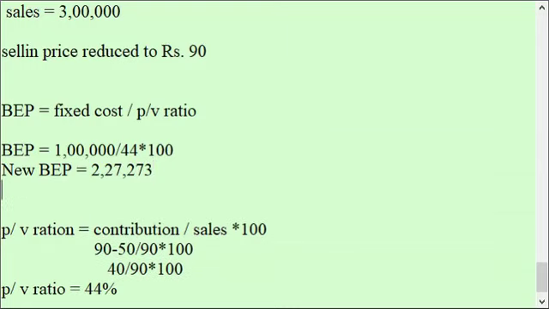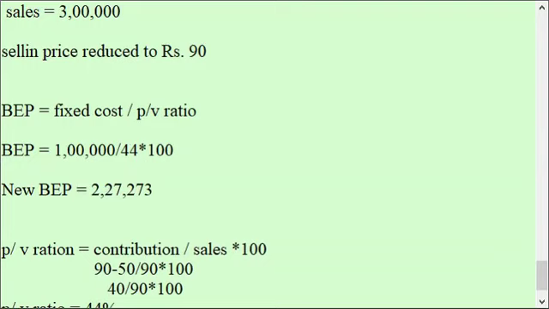Okay, this will be the new BEP when the selling price has been changed from 100 rupees to 90 rupees.